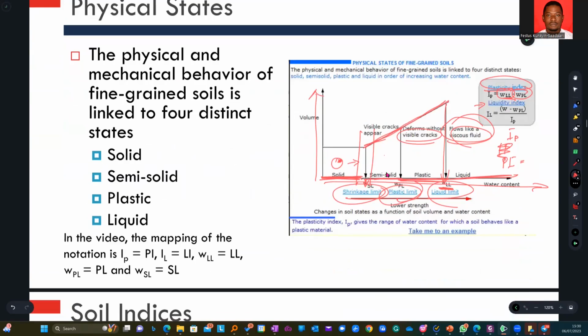So you are combining this parameter you computed from up there, then the plastic limit, and then your water content. And so when you have that, you have what we term as the liquidity index.